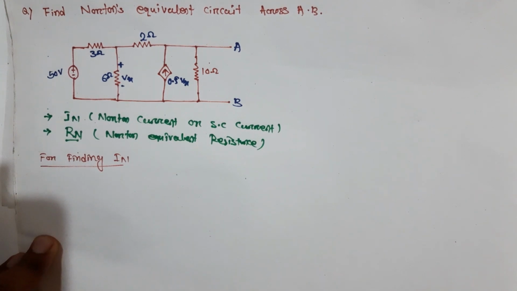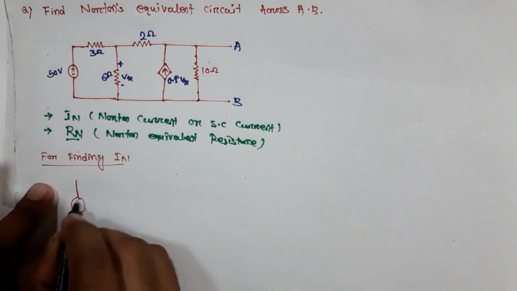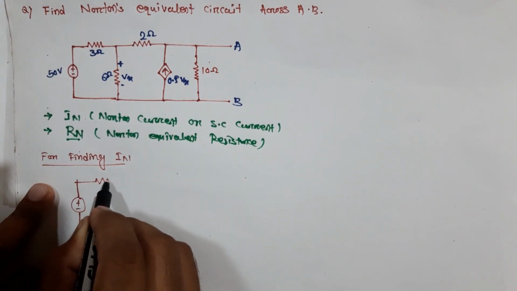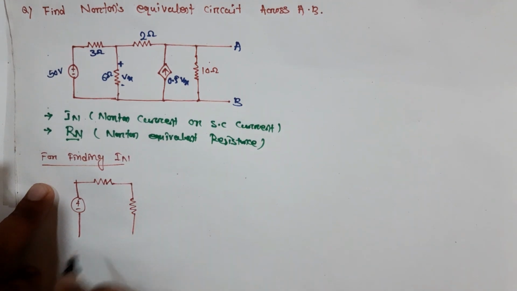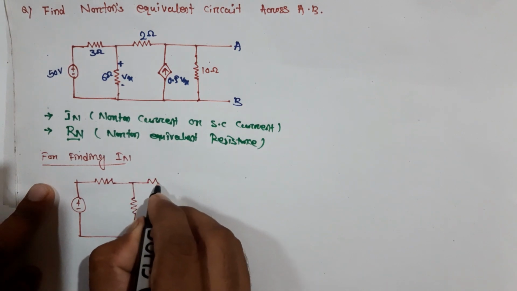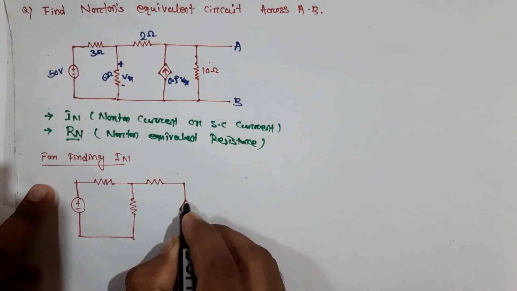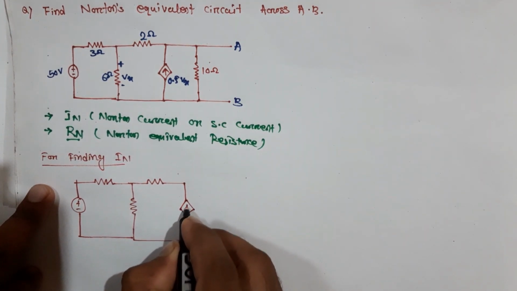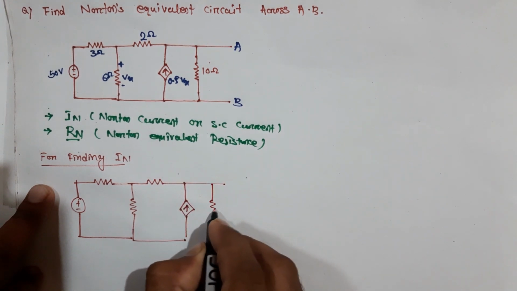See, this is as usual 15 volt, and this is 6 ohm, and this is 2 ohm. This is a dependent source. This is a resistor.